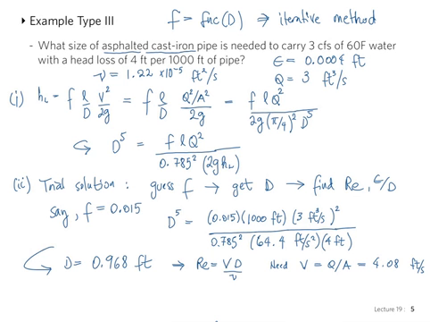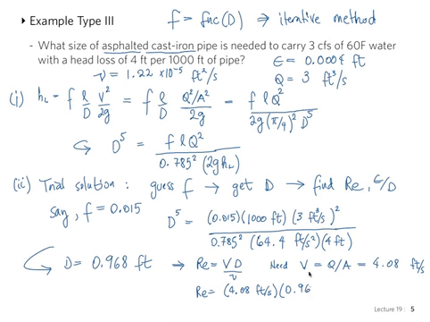Now we can get Reynolds. 4.08 feet per second. All along the calculation, if you are thorough, you should carry your units to make sure that it all makes sense and you haven't made an algebraic mistake.